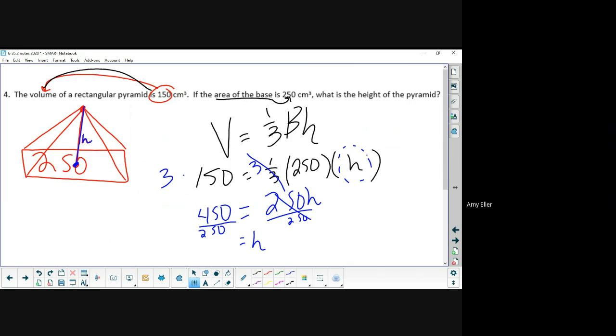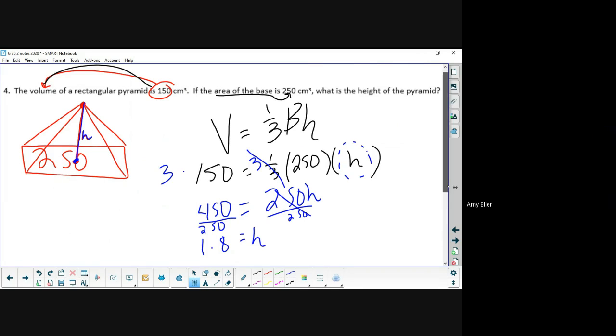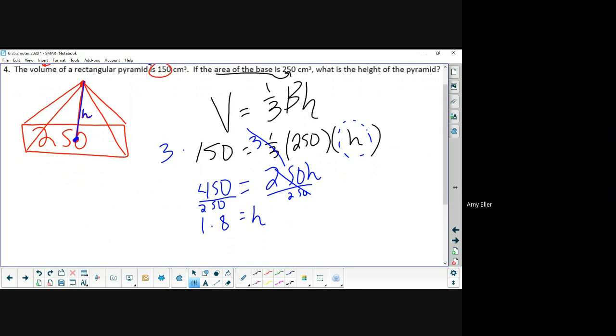Oh, 1.8. Sounds right. Think about what label you want to put on 1.8. Are we thinking centimeters cubed? That's volume, right? This is not my answer for volume. I know the volume. This is just the height number. Just centimeters. Yep.